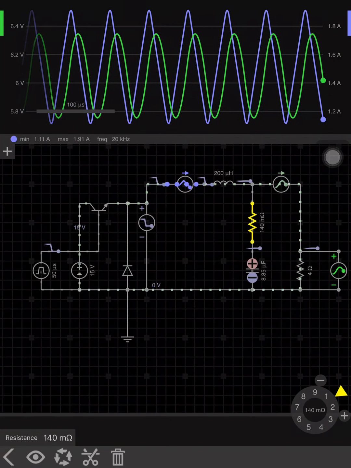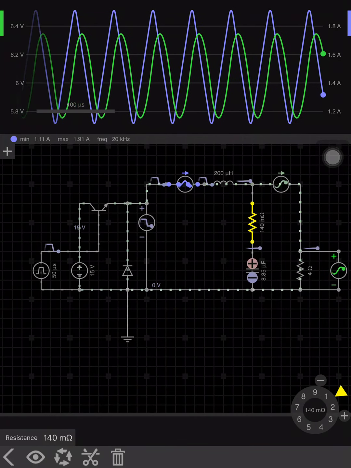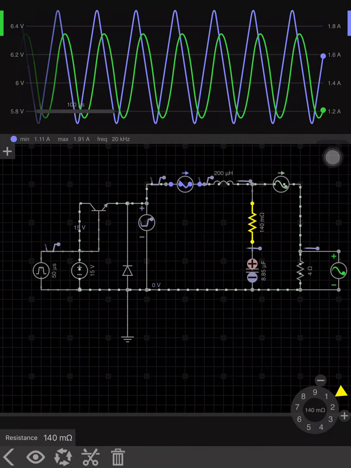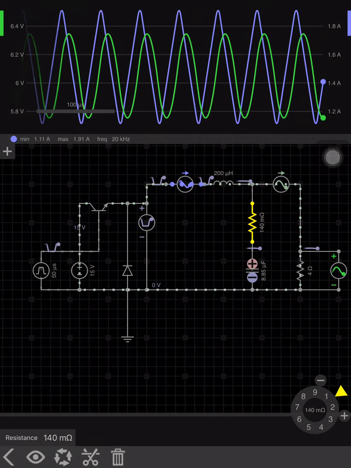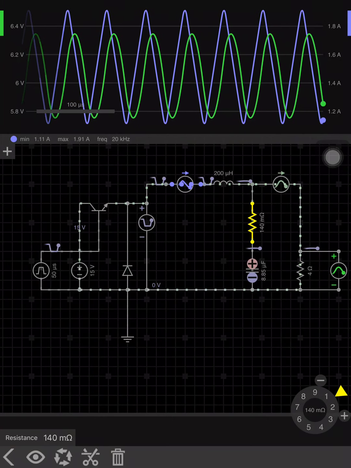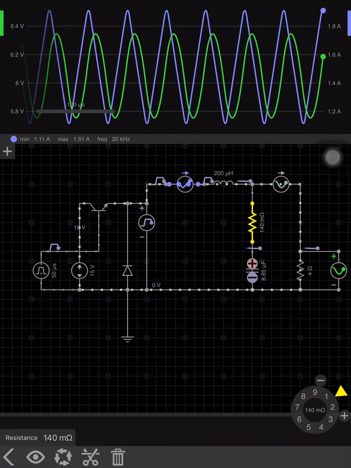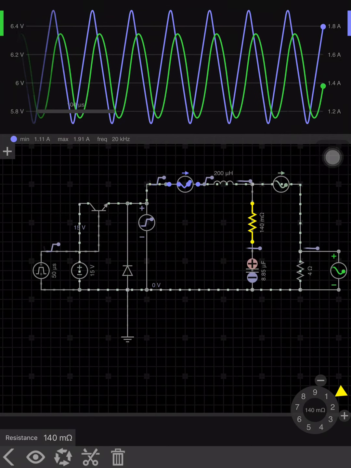If you see in here, I have a capacitance of 8.85 microfarad and an inductance of 200 microhenry. The output voltage across the 4 ohm resistor is varying between 6.25 and 5.8, and the average value is around 6 volts, right?